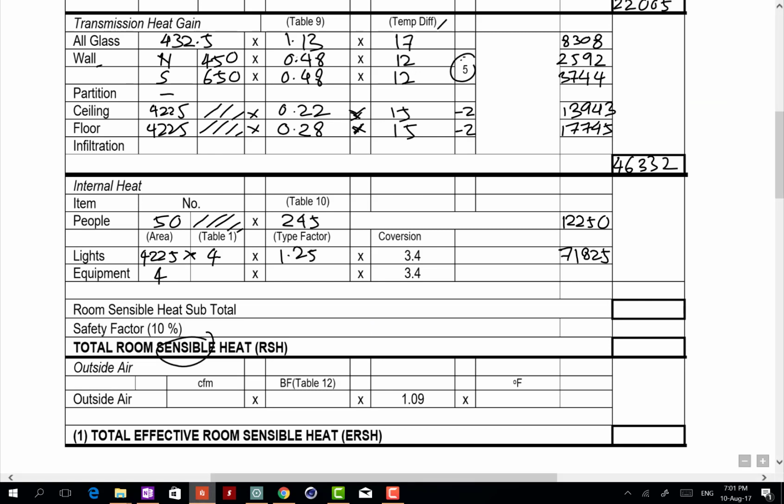So we have 40, multiply with the rate 350 watt, then multiply with 3.4. Okay, so this basically is your conversion unit from watt into BTU per hour. So this produces 47600. So all of this we sum it to be 131,675.